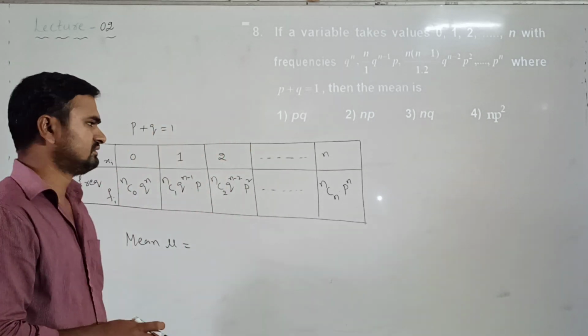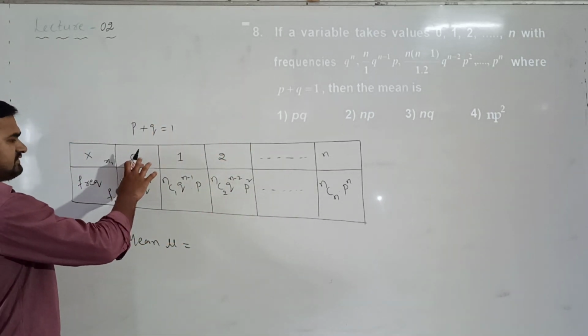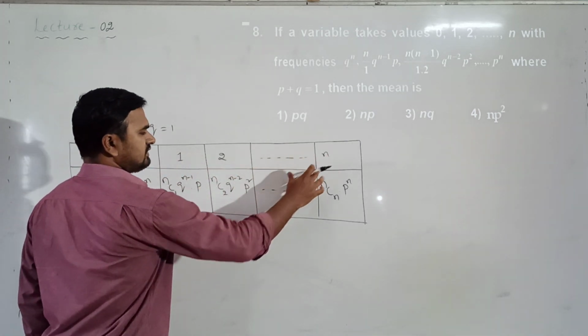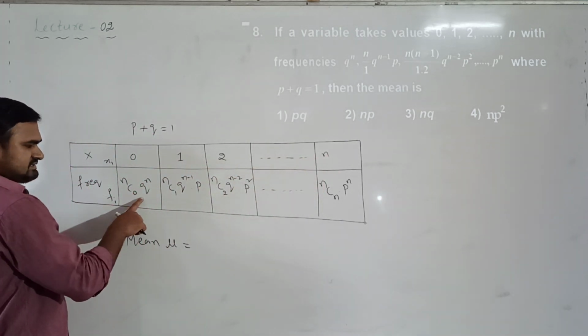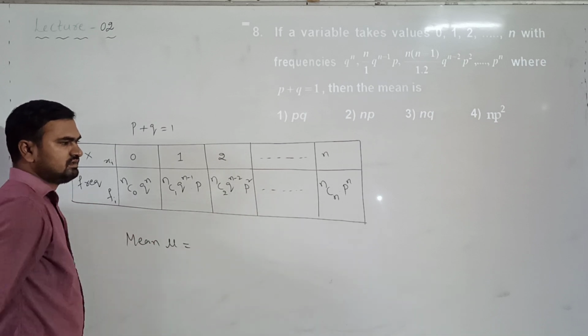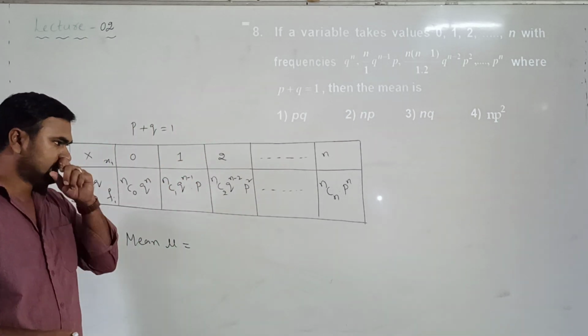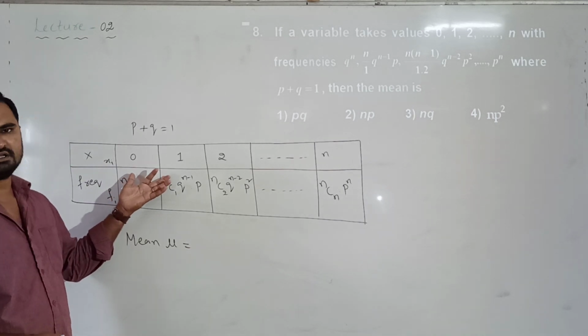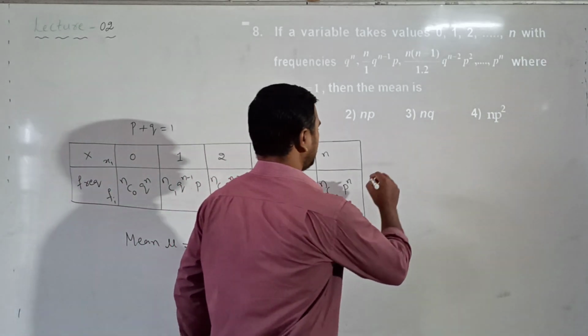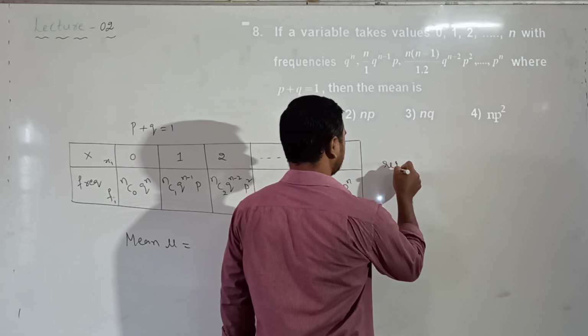So we can compare the observations 0, 1, 2 up to n, and their frequencies can be considered as probabilities in the binomial distribution. So this represents the binomial distribution in probability.